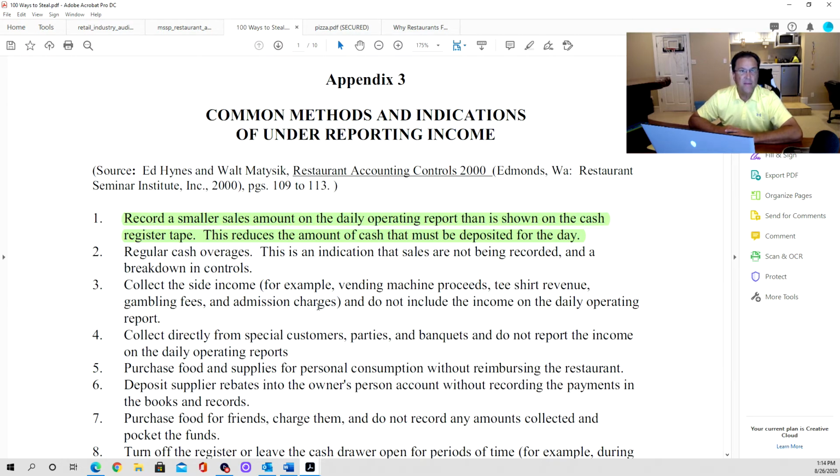This reduces the amount of cash that must be deposited for the day. Yep. So if you're ever asked any of these, you would have a response that you could go through. You would already have an answer to each one of these. So these are the tools that the agent's going to show up with. So you do your homework before an agent actually shows up.